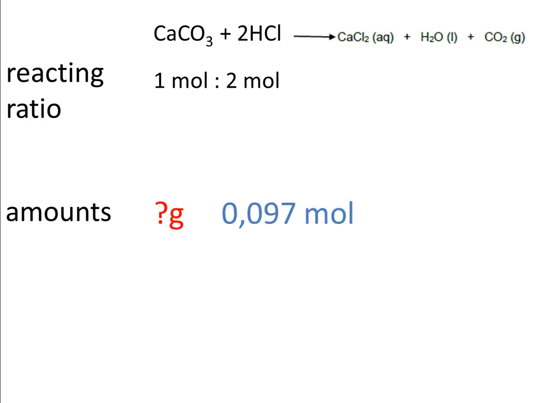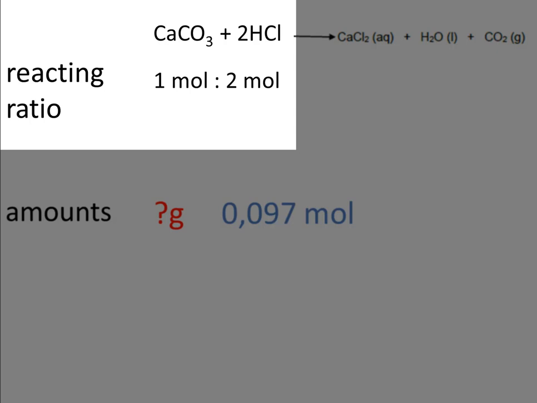We need to find out the mass of calcium carbonate that needed to react with 0,097 mole of HCl, since we know that that was how much HCl reacted in this example. In order to apply the 1 mole is to 2 mole reacting ratio to this particular situation, we need to convert it into a mass-mole reacting ratio.